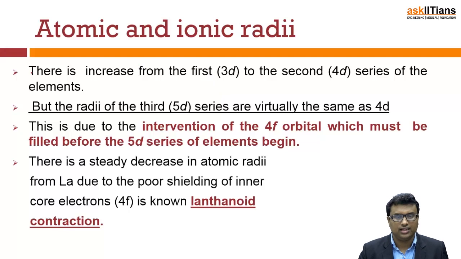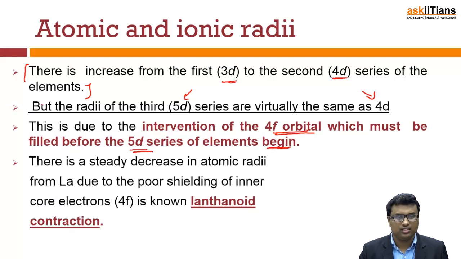So there is an increase from the first 3d to the second 4d series of the elements, but the radii of the third or 5d series are virtually the same as 4d. This is due to the intervention of the 4f orbitals, which must be filled before the 5d series of elements begins, right?